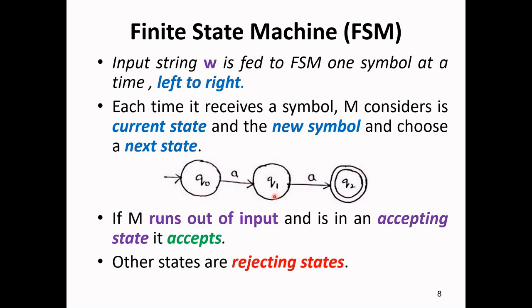Similarly, current state is Q1. For the new symbol A, it is going to the next state Q2. And if the machine runs out of the input and is at the accepting state, then the string is accepted, else it is rejected.